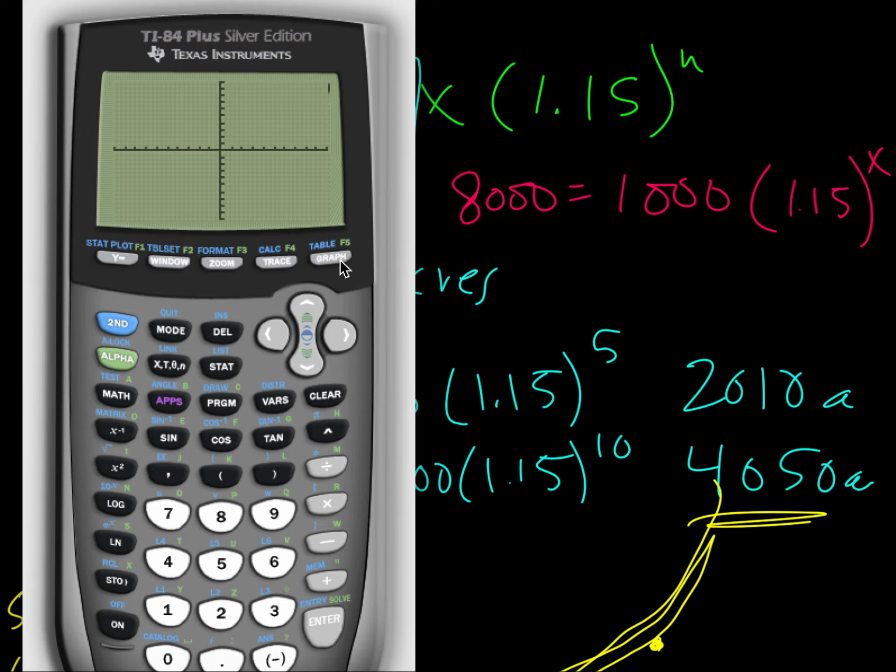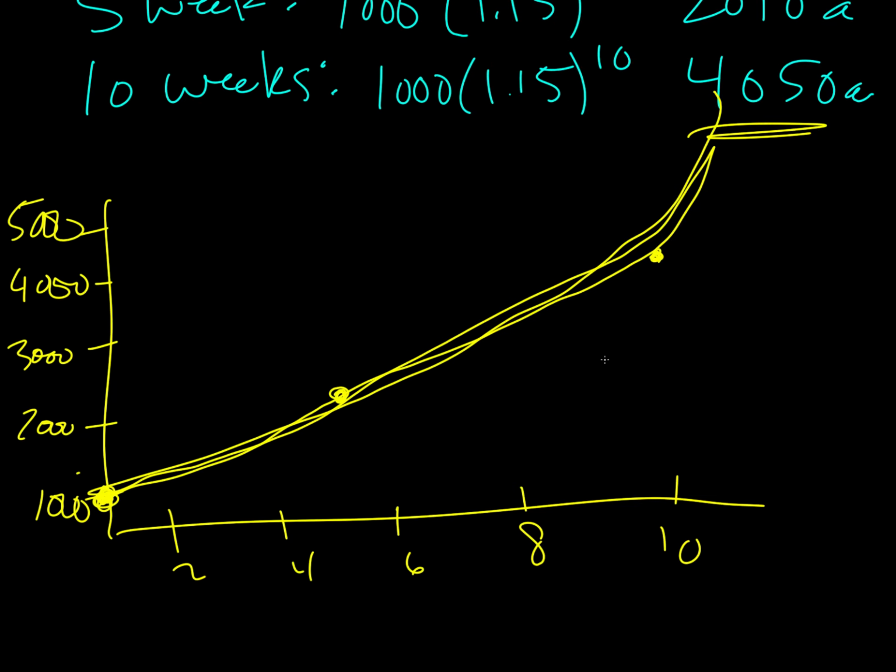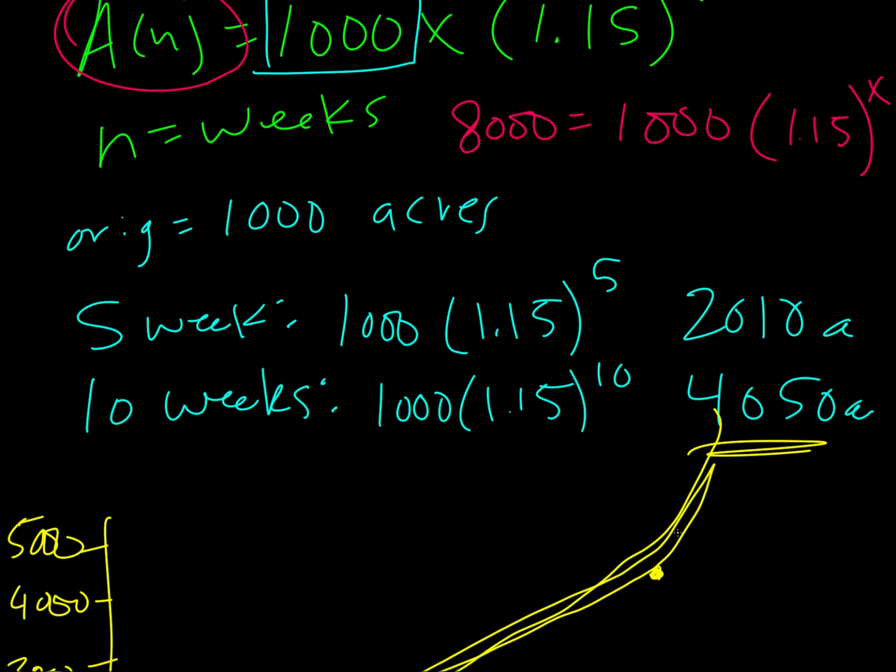I don't think anything's going to show up because my scale is no good. And what it's done thinking. Okay, so what we're going to do, we're going to go to Window. And if we look at our yellow graph, we see that we have to go at least to 5,000, but I'm actually going to go to 10,000 just to see.